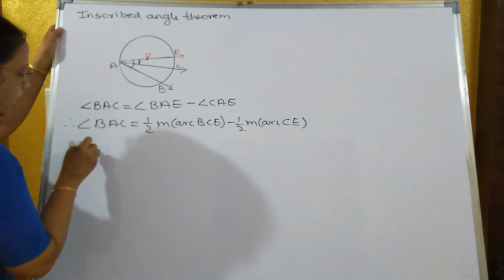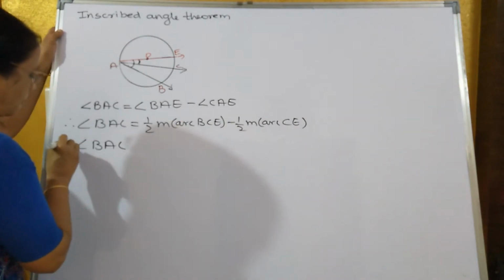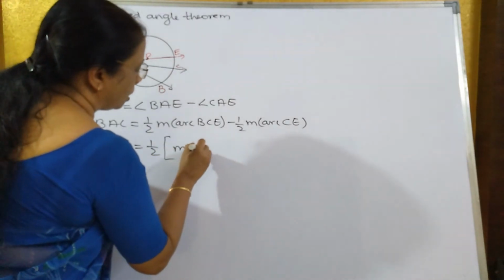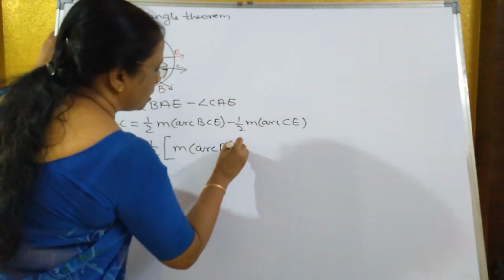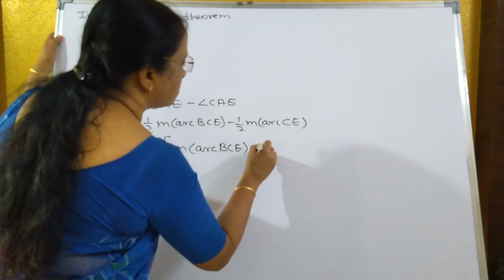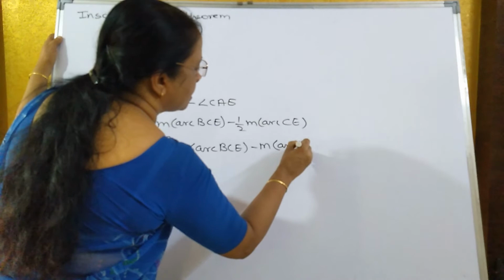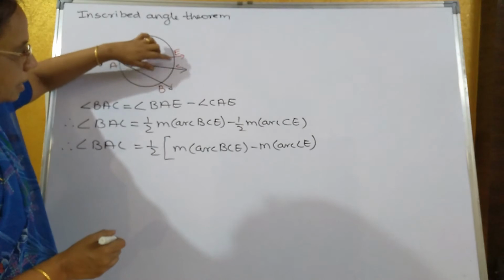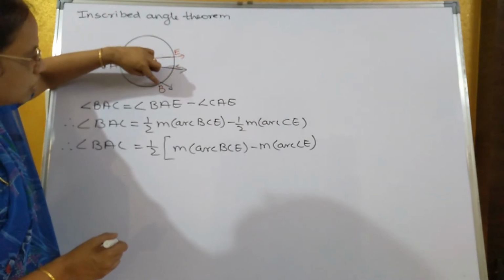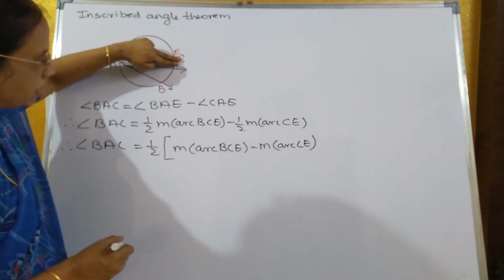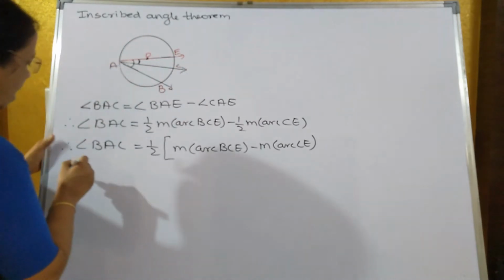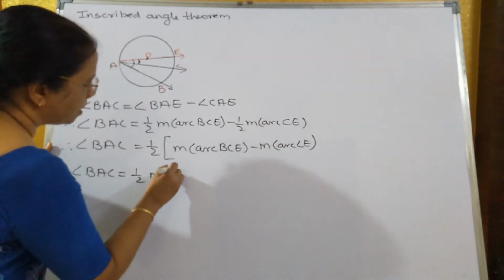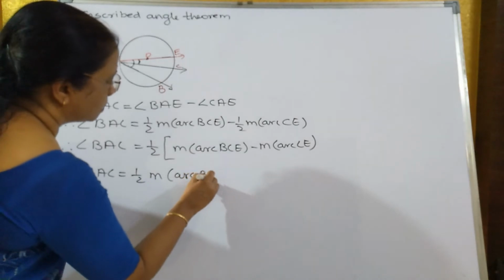So angle BAC is equal to half measure arc BCE minus measure arc CE. Now if I take BCE and subtract this much, what will be left in this full arc? If I subtract this one CE, what I will get? BC. So angle BAC is equal to half of measure arc BC. So that is what we had to prove.